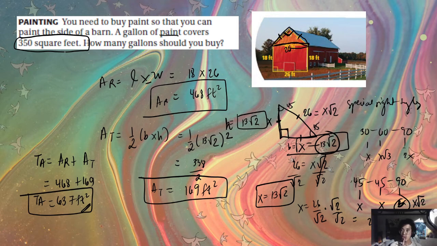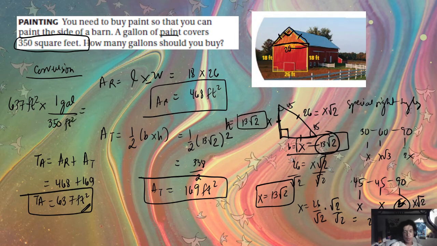If we're going to use a conversion factor, we can say that 637 square feet multiplied by 1 gallon over 350 square feet. These units cancel out and we can find the number of gallons that we need to buy in order to paint the front side of the barn.